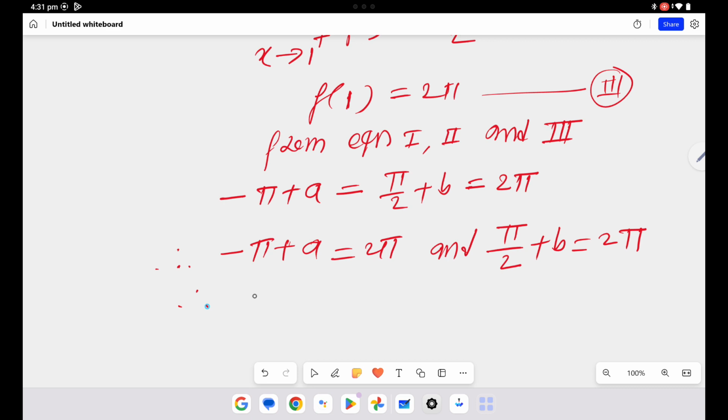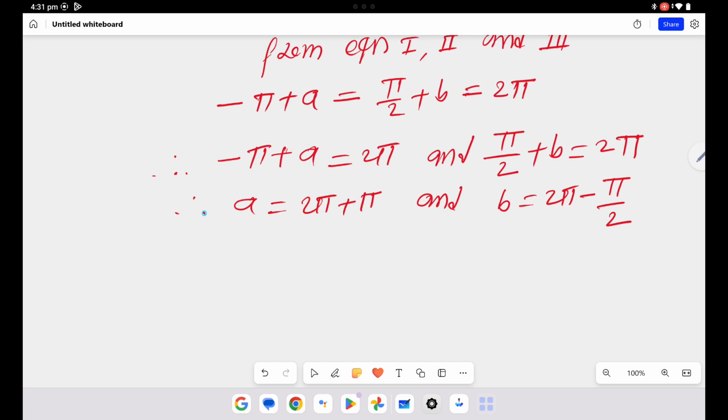Therefore a is equal to 2 pi plus pi, and b is equal to 2 pi minus pi by 2. Then we solve this, so we get the required values of a and b.